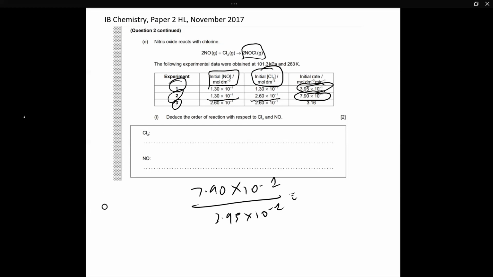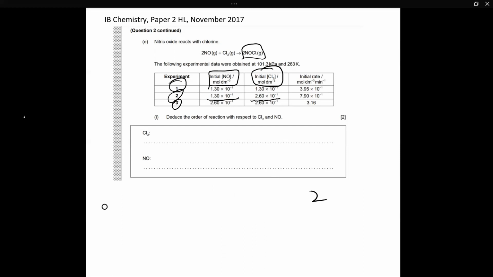If you put this into your calculator, you'll get the answer too. I'm sure all of you know how to calculate how much it has changed, so I don't have to go into much detail. You can use the same logic to calculate how much Bob has increased the concentration by. It's quite simple to see because 1.3 times 2 is equal to 2.60. So we know that.